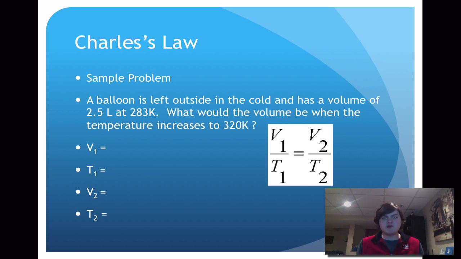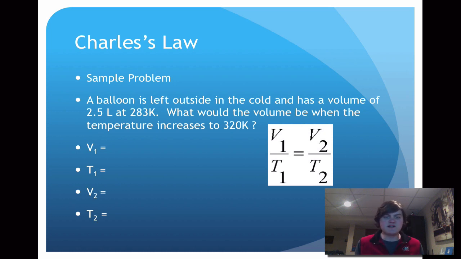Now, we need to identify those variables out of the word problem. So we go back and read the word problem. A balloon is left outside in the cold and has a volume of 2.5 liters at 283 Kelvin. What would the volume be when the temperature increases to 320 K? The key words here that we want to look for are what would the temperature be, or what would the volume be. That indicates we're moving to a new state. So anything that comes before that is going to be the initial values.